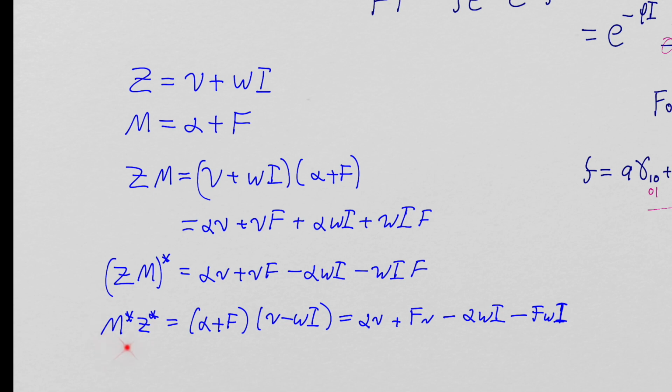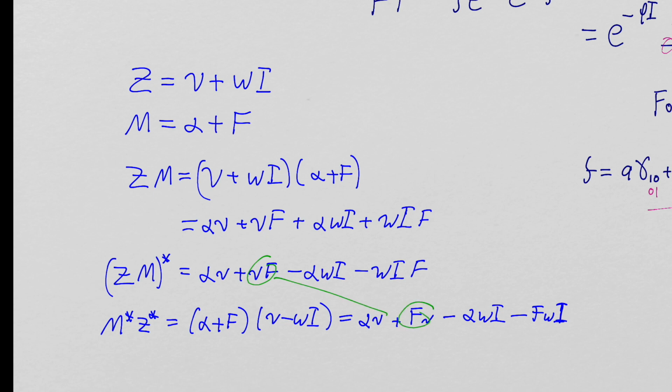However, if you calculate what you would expect in the normal rules of complex conjugation, instead of VF, you end up with FV, and those do not commute. So these two here are definitely different right away.